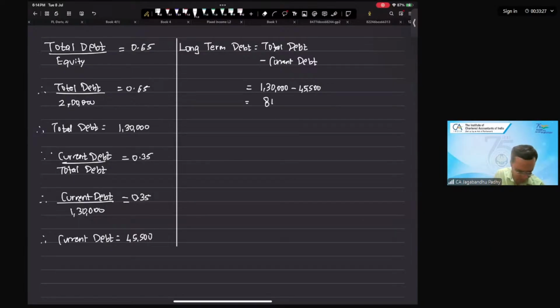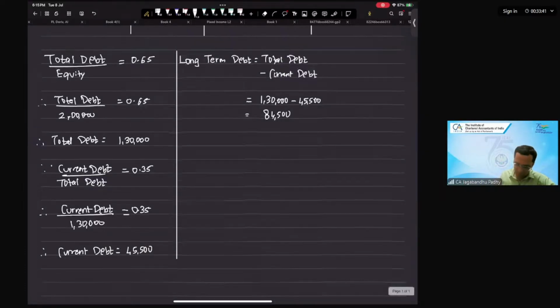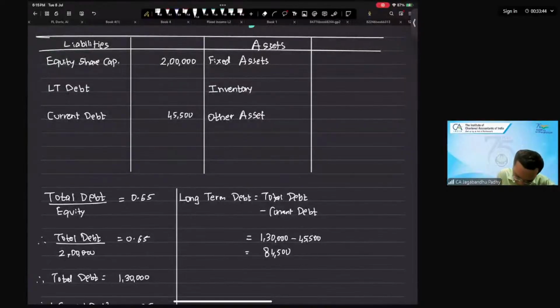So long-term debt is 84,500. Okay, 84,500 is the long-term debt value.